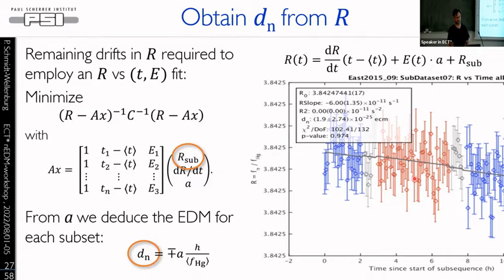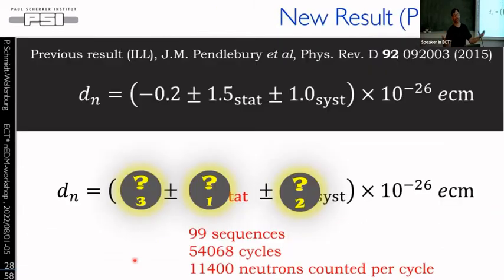By doing this fit, you remove these slow drifts, and then only the step function, this alpha A here in this fit function, is proportional to the EDM. And then in the end you get your EDMs for each cycle. And so we had a statistical sensitivity, we could say already before we started unblinding, of 1 × 10⁻²⁶.